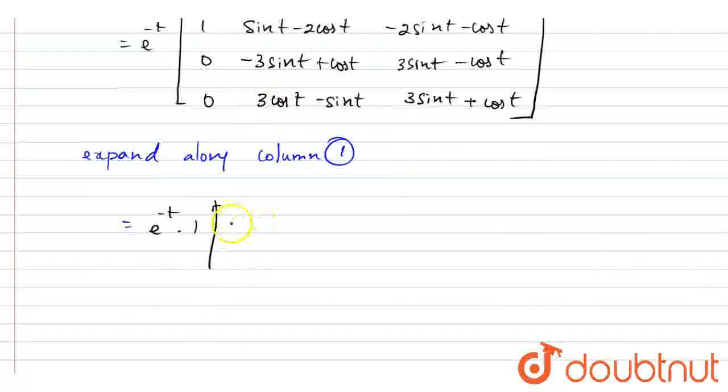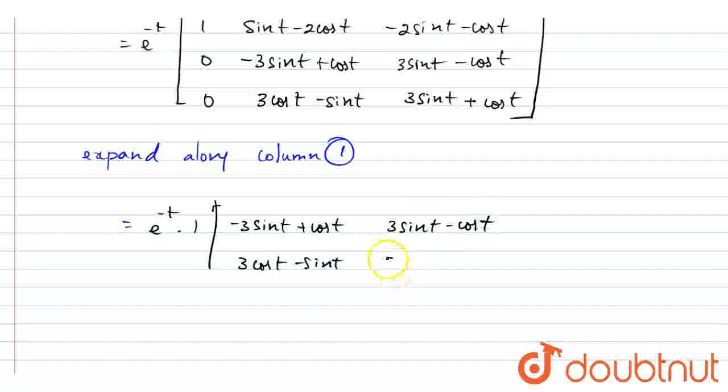I'm going to take minus 3 sin t plus cos t and 3 cos t minus sin t, and here 3 sin t minus cos t and 3 sin t plus cos t. So these are the two values we are going to take.